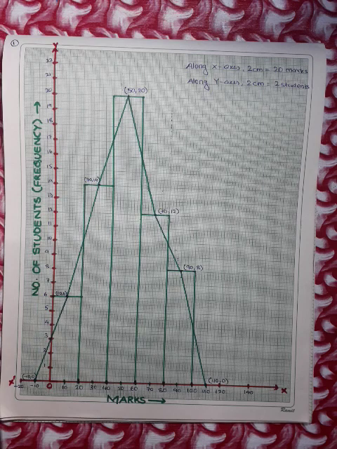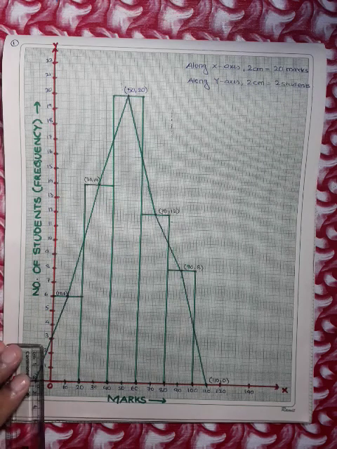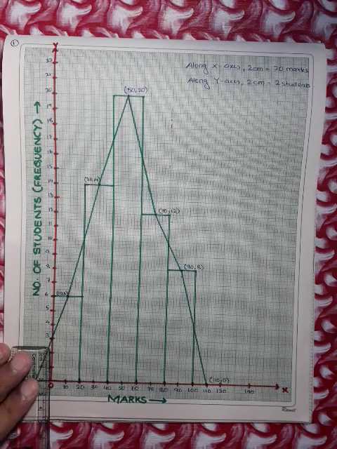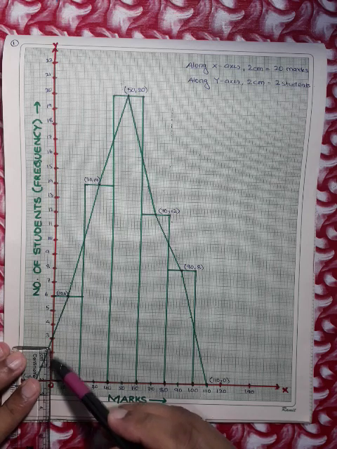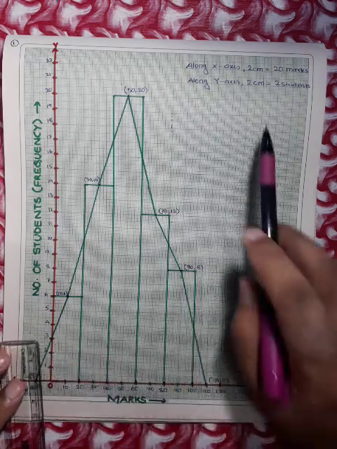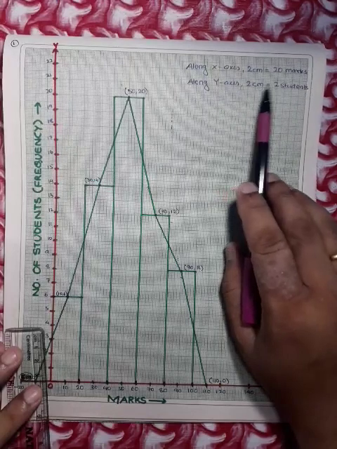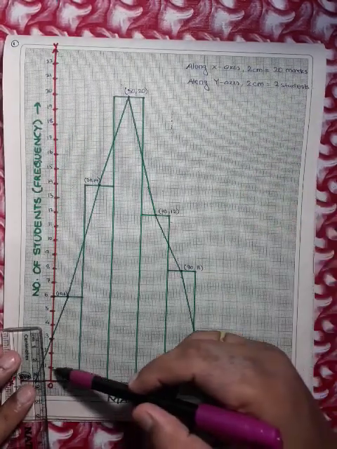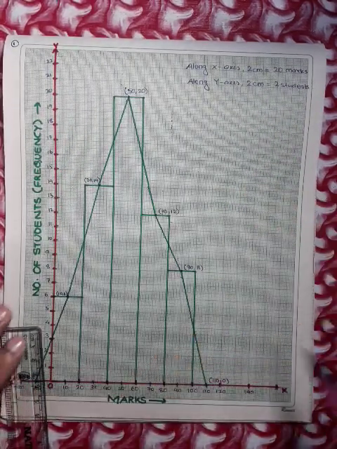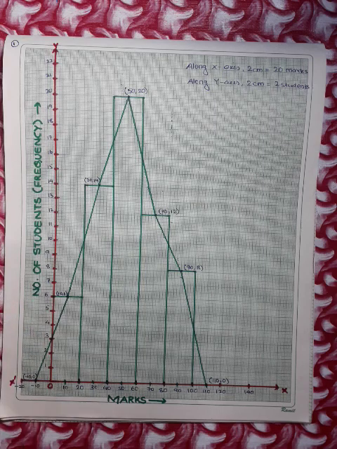Similarly, along the y axis, the number of students is 2 centimeter equal to 2 students, or you can say 1 centimeter is equal to 1 student. Now to plot, what do we have to do?